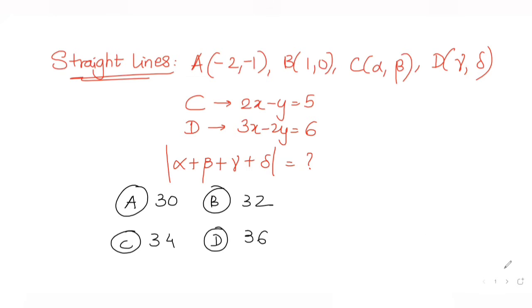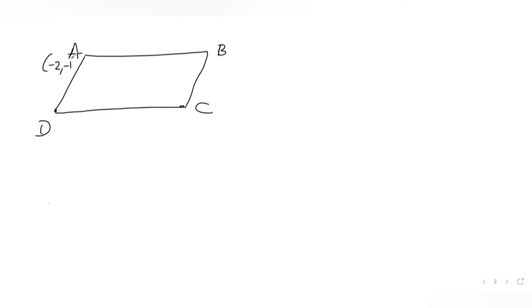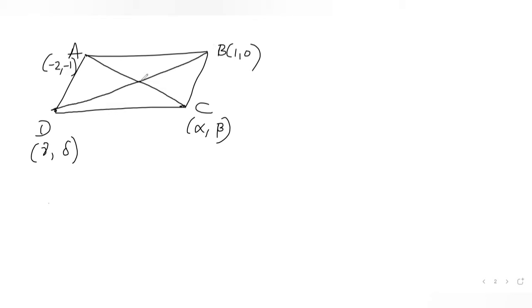So I will first draw a parallelogram ABCD. The coordinates of ABCD are (-2, -1), (1, 0), (alpha, beta), (gamma, delta). I know one property of a parallelogram, that the diagonals of a parallelogram bisect each other.